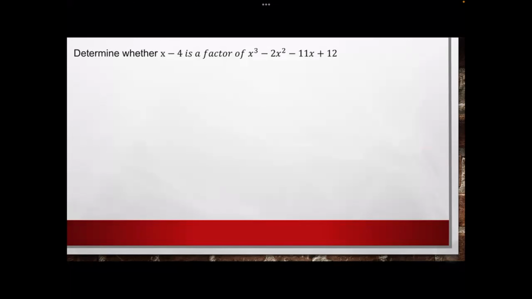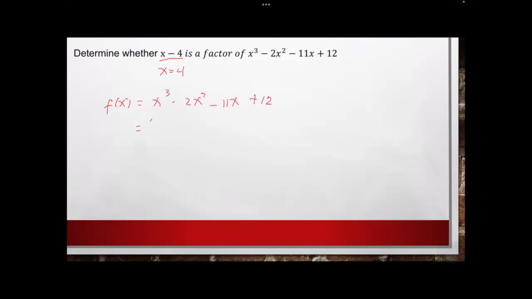Okay, so let's determine whether x minus 4 is a factor of x cubed minus 2x squared minus 11x plus 12. Again, determine natin the value of your x. So x is equal to positive 4. Then, f of x is equal to x cubed minus 2x squared minus 11x plus 12.